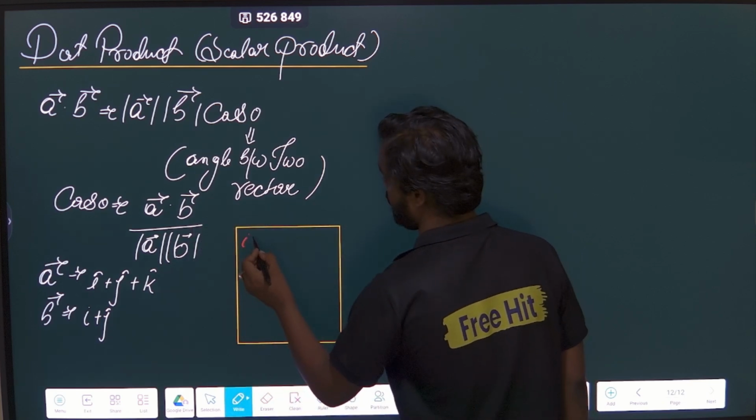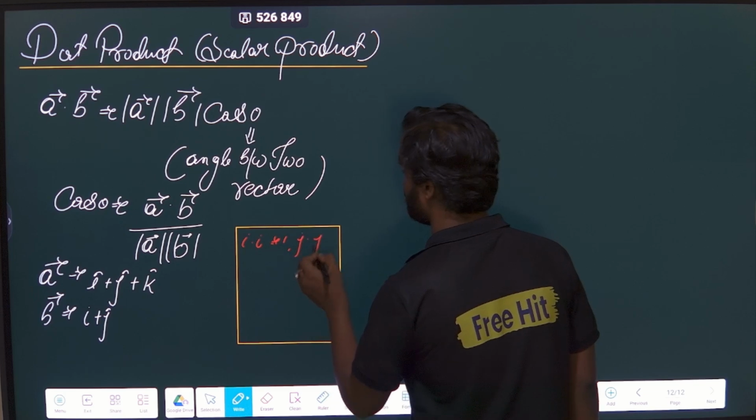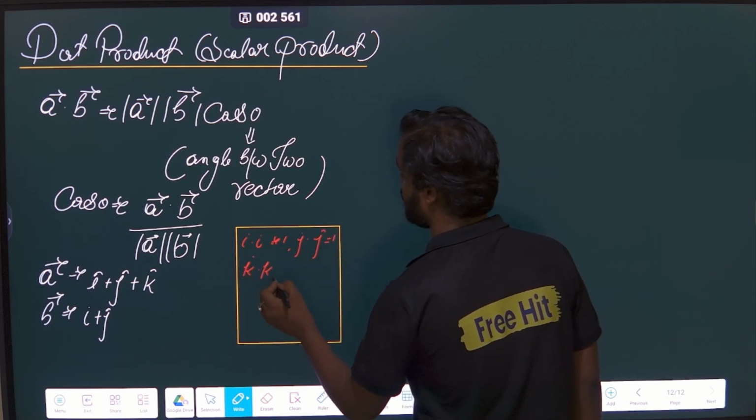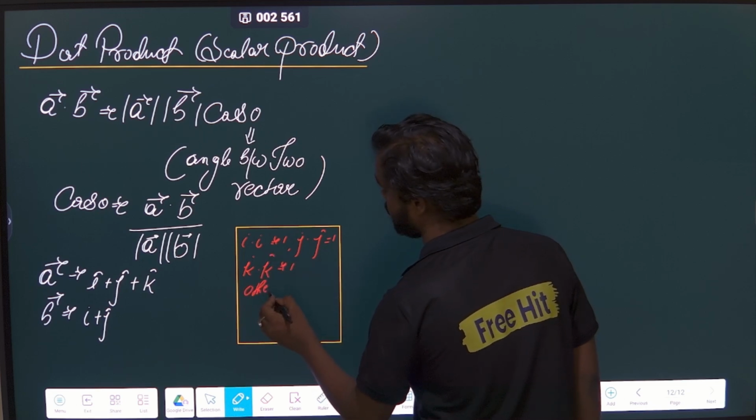First thing, i dot i is equal to 1, j dot j is equal to 1, and k dot k is equal to 1. Other than this, any combination is 0.